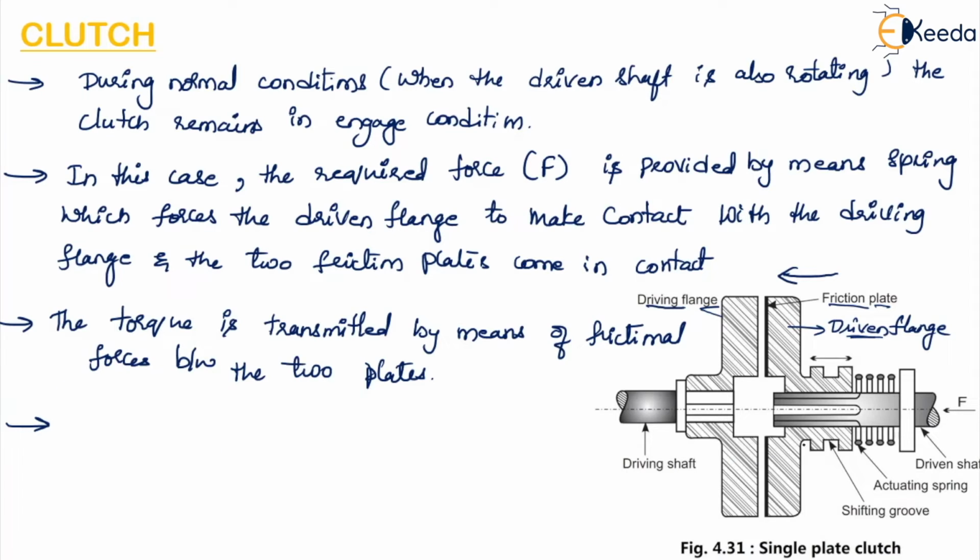So when disengagement of the two shafts is required, we will release this force. We will not apply the force. Then this driven shaft moves along the axis in this direction and these two plates get separated, and the friction force which was being produced will stop, and this will cause the disengagement of the shaft with the help of this clutch.